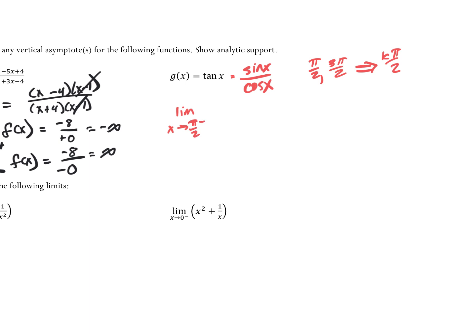Now, this might start to feel a little bit uncomfortable, because approaching pi over 2 from the left is approaching it from the first quadrant, which feels really icky because the first quadrant is on the right of pi over 2. But if pi over 2 is right here, what can we say about this angle?